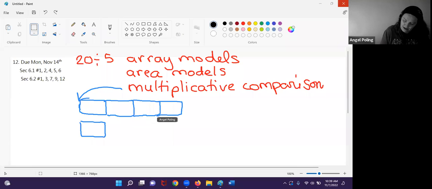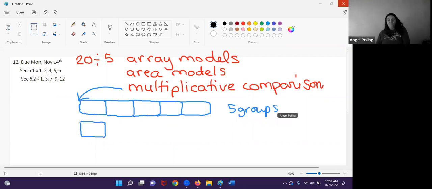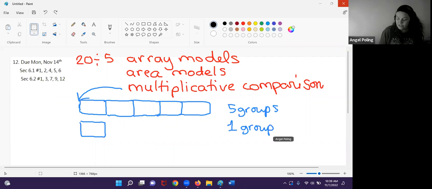But notice what we have is 5 groups. So clearly this is 5 groups in multiplicative comparison. And you don't know something about the one group, right? Like how much is in one group, for example.